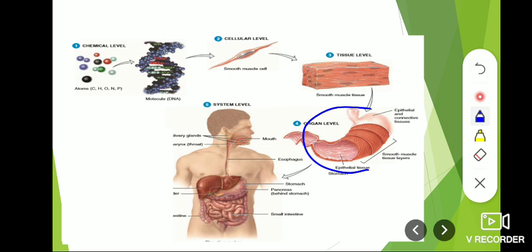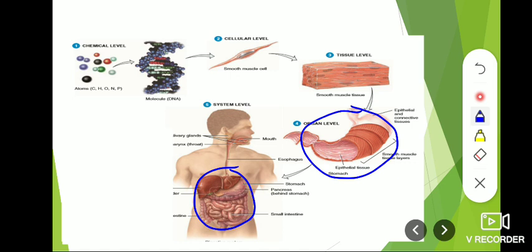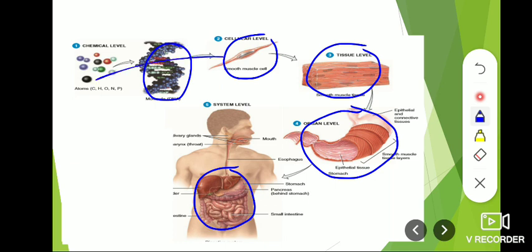So if you come down from here to here, you can see that each and every system is nothing but a bunch of combination of organs, which is nothing but a bunch of tissues, which is nothing but a bunch of cells, coming down to molecules. So this is basically the organization, which is most basic.